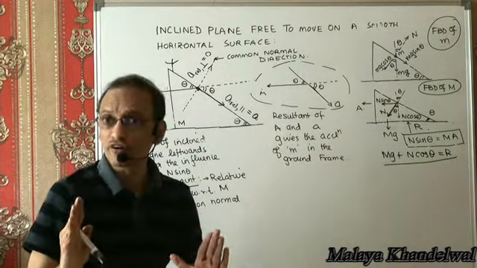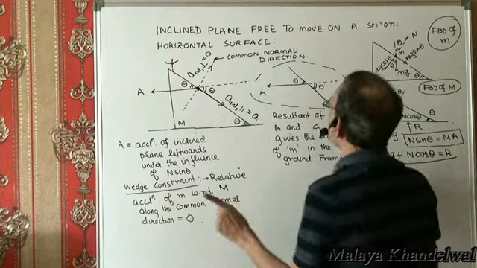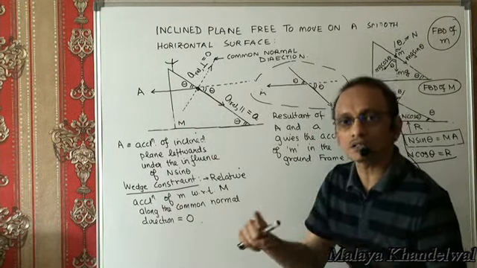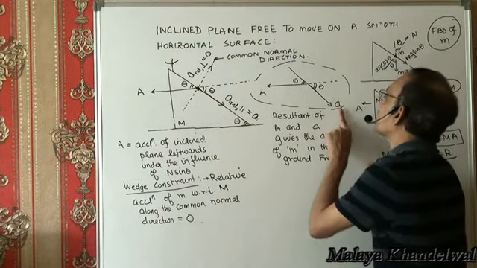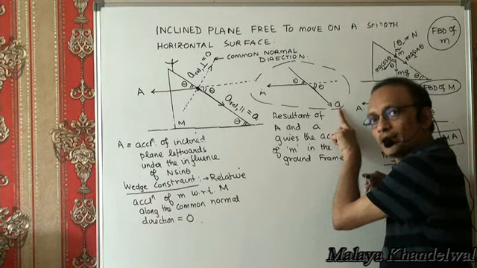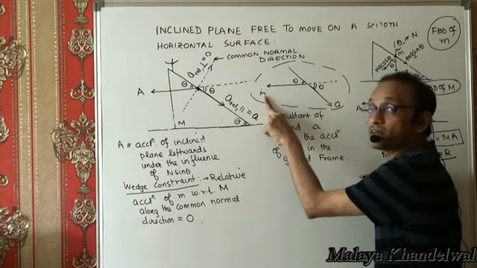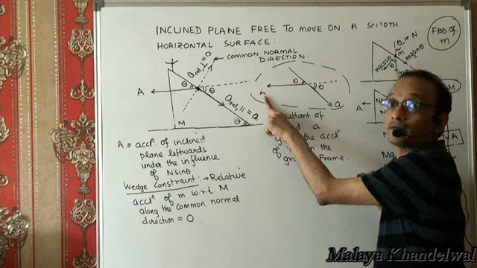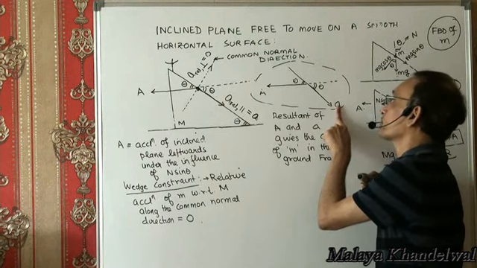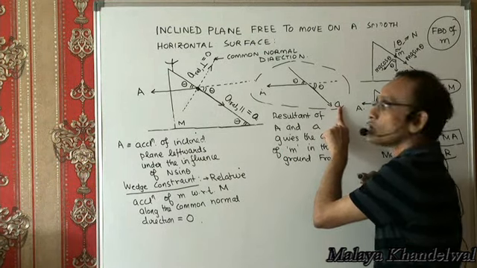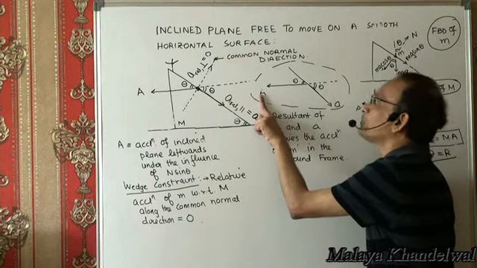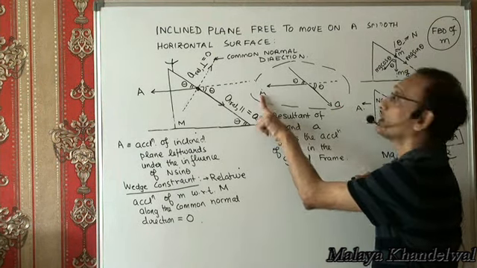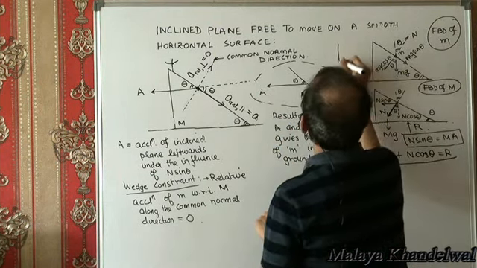So in the ground frame, what would you see? In the ground frame, you would see a resultant of the relative acceleration of small m plus the acceleration of the inclined plane. The inclined plane reports this. So the reporting of the inclined plane plus whatever is happening to the inclined plane will give me a ground observer's framework.